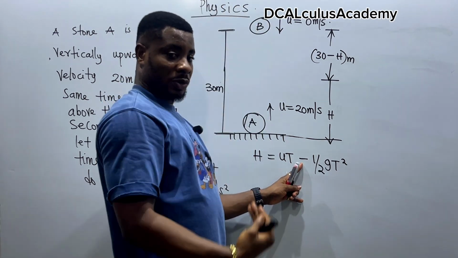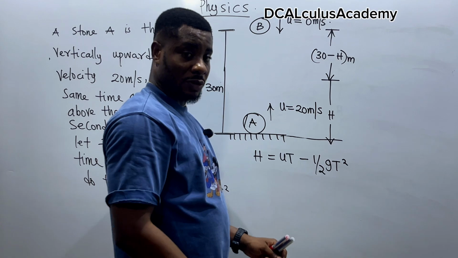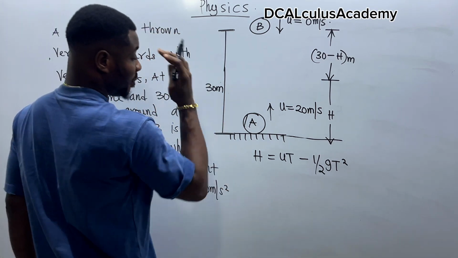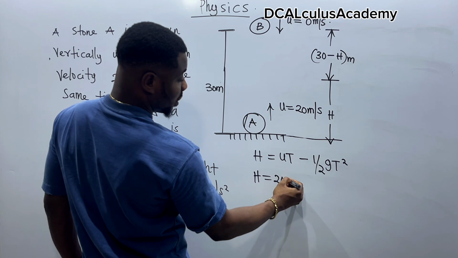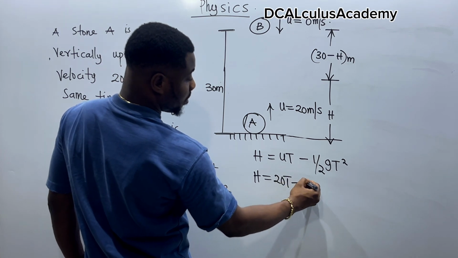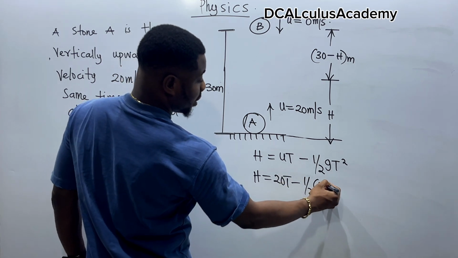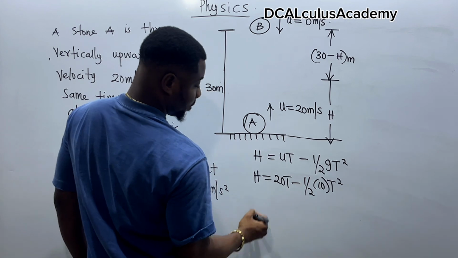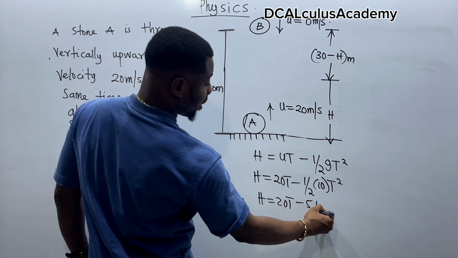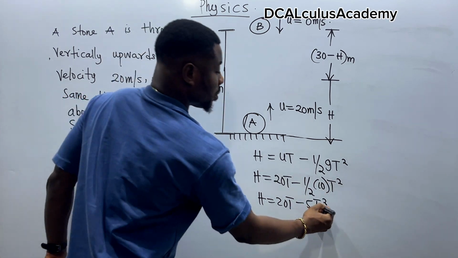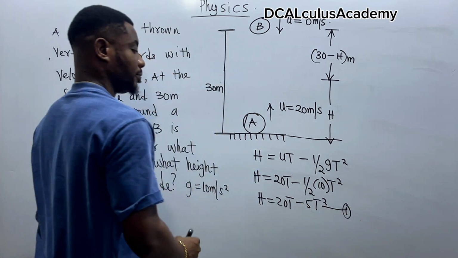When the body is dropped, we use a positive. Now let's place everything that we have here. h is equal to, u is 20, so it becomes 20t, minus 1 over 2, g is 10, 10t squared. So h becomes 20t minus 5t squared. We're going to call this equation 1.